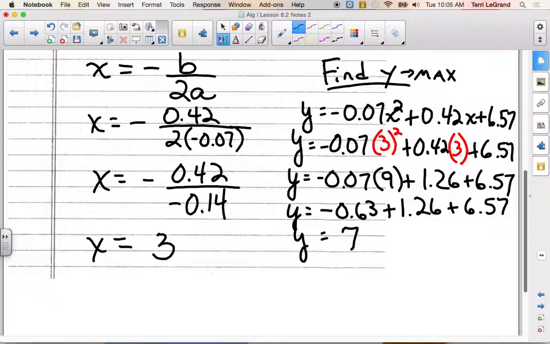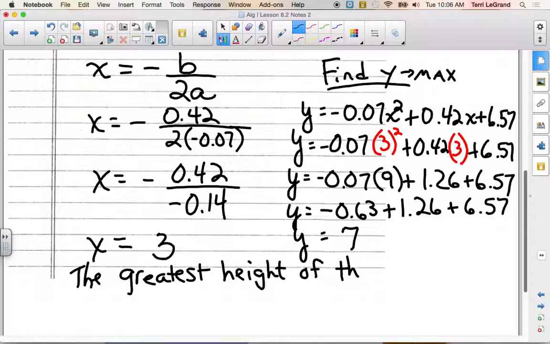And we'll answer in a sentence. That's what we're looking for. Greatest height. Okay, so the greatest height of this rise, this particular section of the roller coaster, is what? 7 feet.